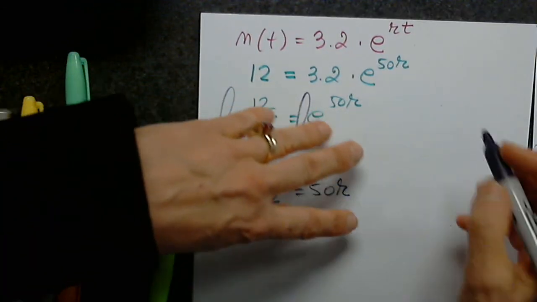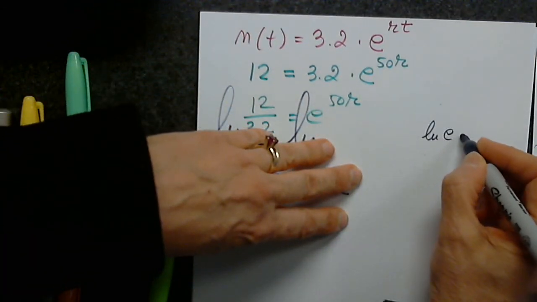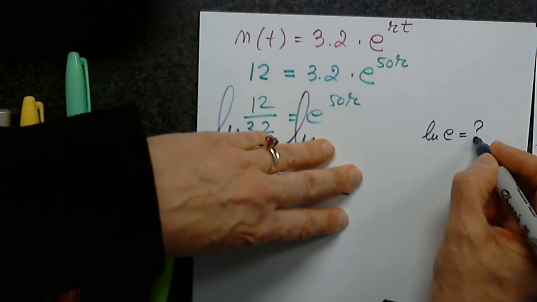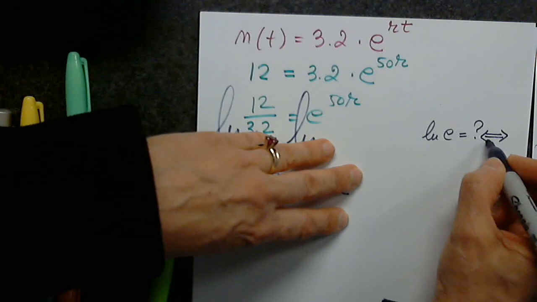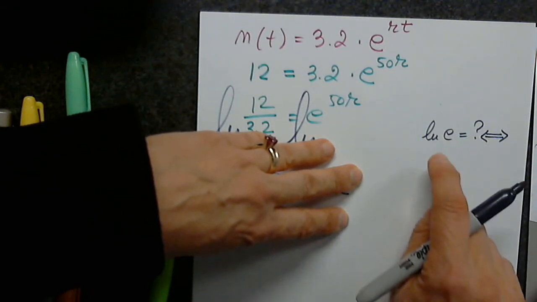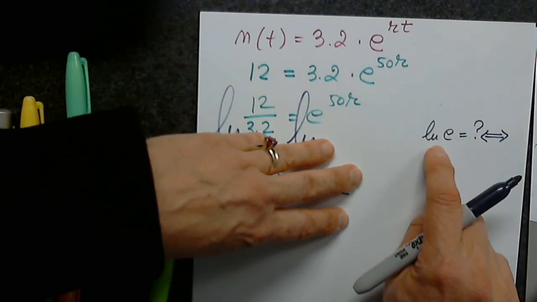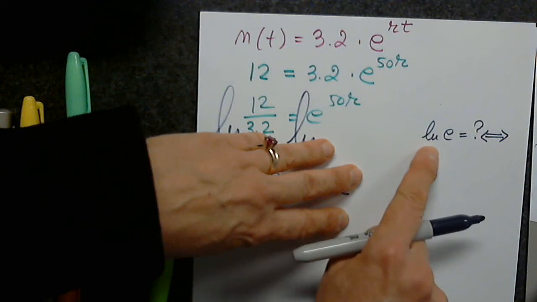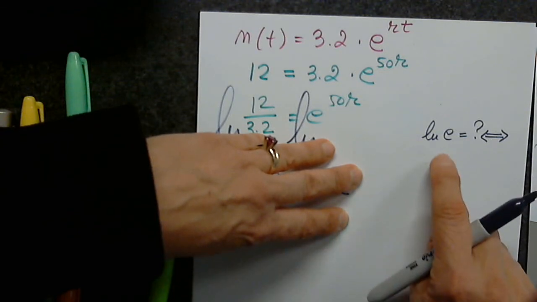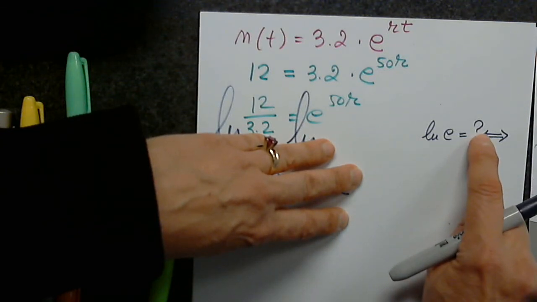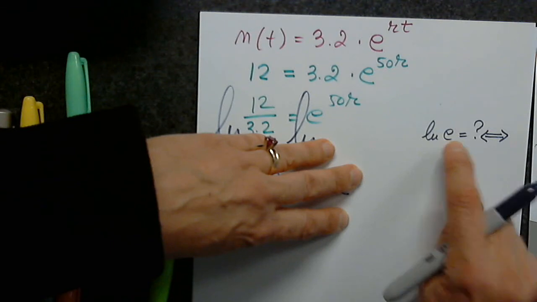Okay. So let's say we want to find natural log e and we have no idea what this means. So I know that it can be changed into an exponential equation. What is the base? What is the base of ln? There is no base of 1, remember? It's e. E raised to which number is e?